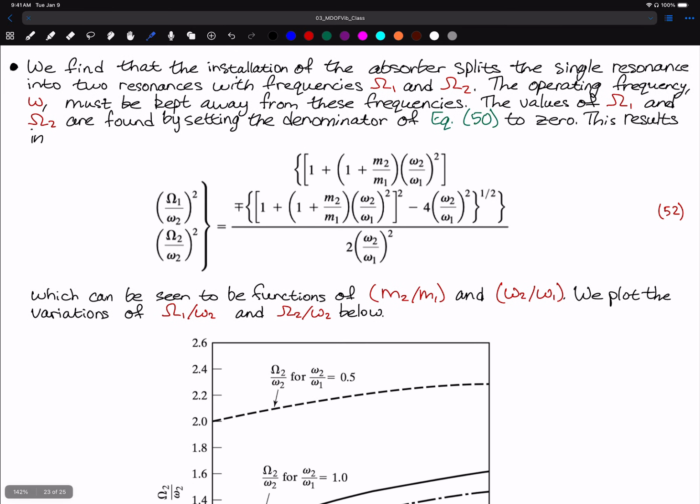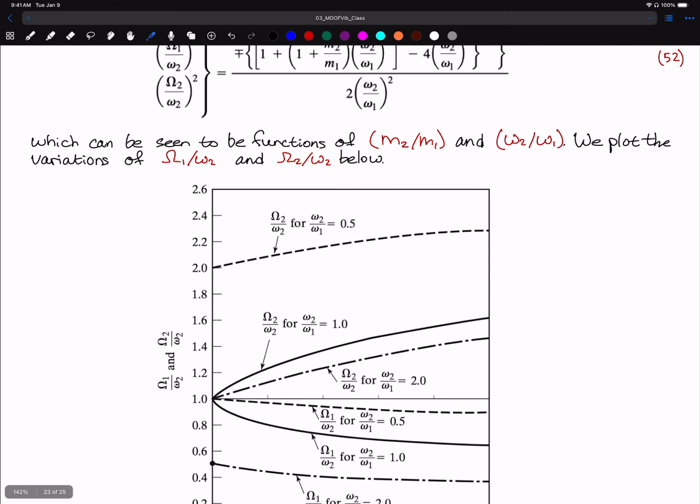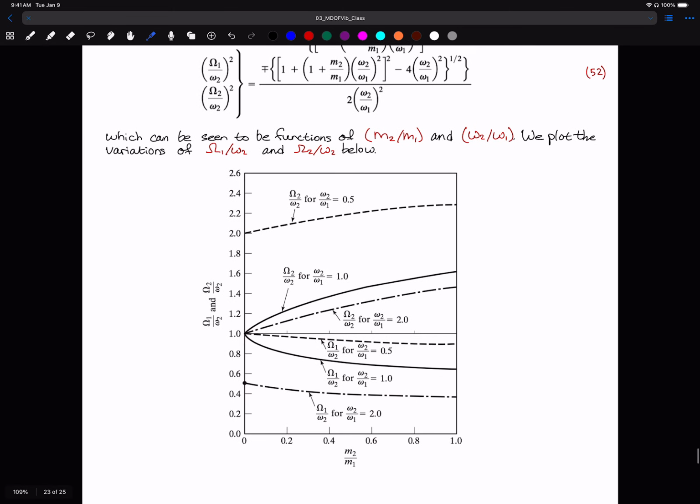And so we can plot the variations of these two natural frequencies as functions of this mass ratio. I'm going to have to zoom out for this, but you can see here how these vary based on their mass ratios.